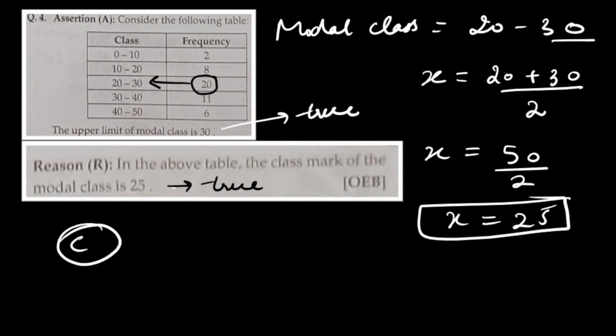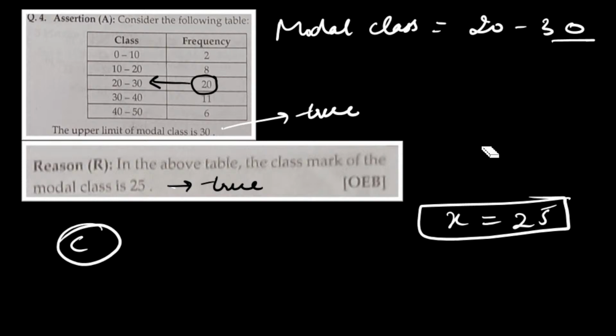A is false. Is A false? Shivashankar is telling A is false. How come A is false? 30 is lower limit. Upper limit is 20. What is the confusion?